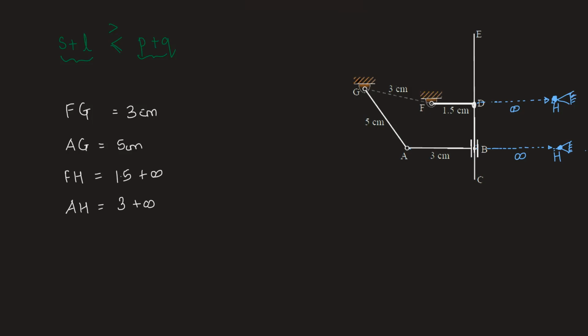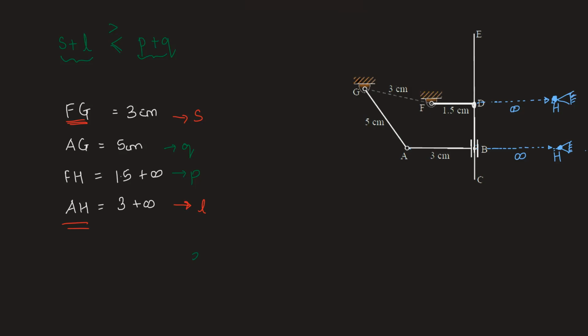We can clearly see that the shortest length is FG while the longest length is AH, so this is S while this is L. And the other two, adjacent to FG we have FH, so this is P, and adjacent to AG we have AB, so this is Q. Let's take the sum now.